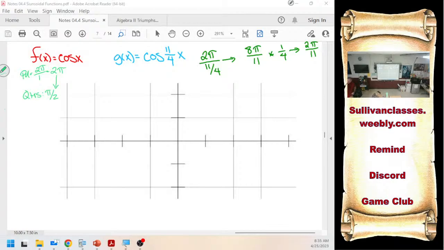It does say to put two on the same set of axes. How many of us are just graphing the red one right now? Okay. Do you see how having quarter marks of 2 pi over 11 and quarter marks of pi over 2 is going to be like trying to run an Android emulator on a MacBook?